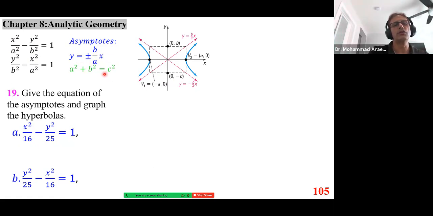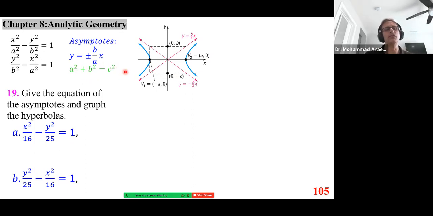A squared plus b squared equals c squared is always the case, because this is looking at the definition that says set of points, okay, whose difference of distances from two fixed points, f1 and f2, is fixed. And the focus happened to be somewhere here, somewhere here. This distance is b, this distance is a, and c is always the largest. Therefore, you don't have to worry about it.